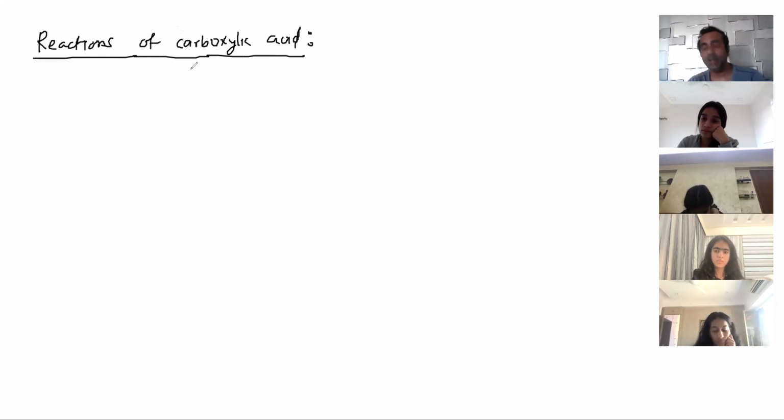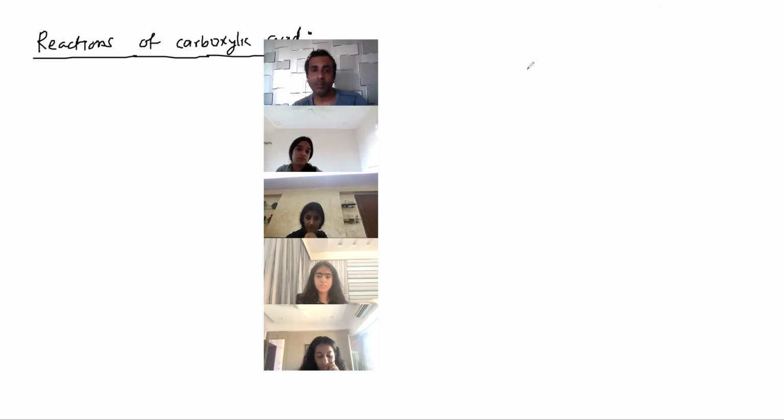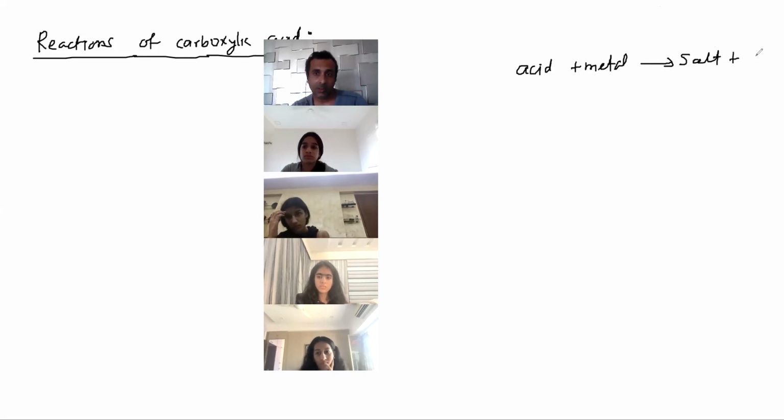Reactions of carboxylic acids will be same as reactions of any acids. First, we'll list down the reactions of any acid. We have learned in the acid-base chapter that acid plus metal gives you what? Salt plus hydrogen.